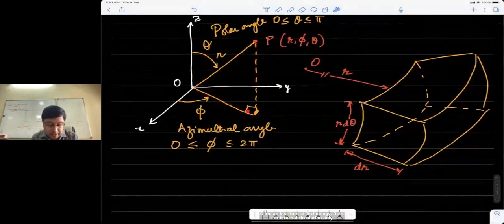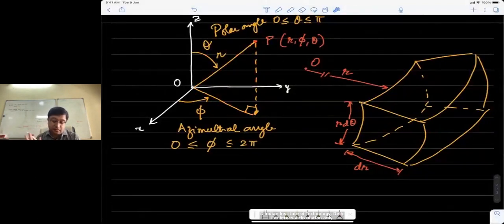So r sine theta is the radius for a differential element. So r sine theta times d phi should become the length of that element in that direction. So it's the projection, an incremental change in that direction. r sine theta d phi is the arc length along that direction.